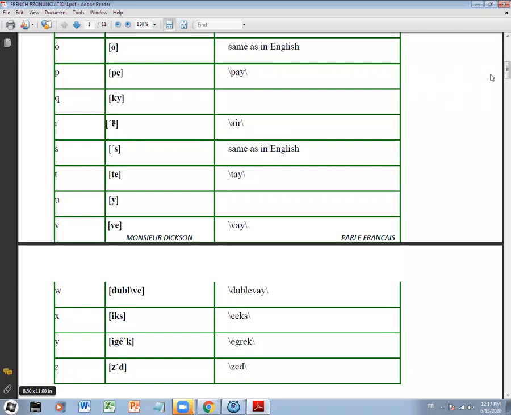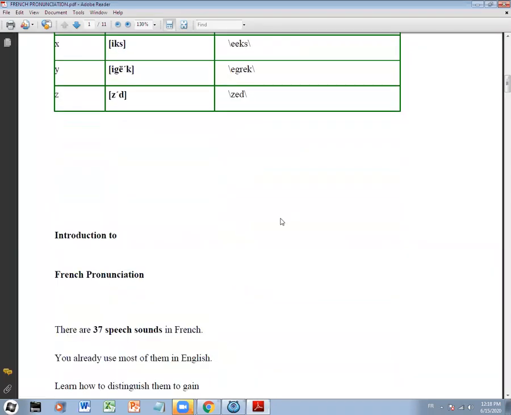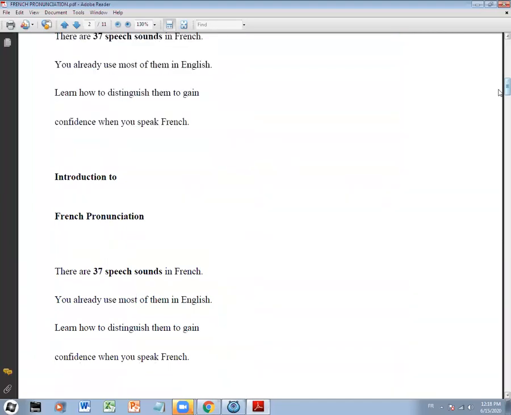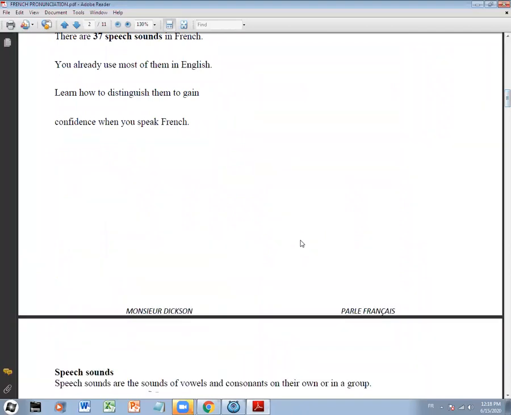Now, remember, I also talked about the French vowels, where I told you that the vowels are the same way as in English, but now remember to add the letter Y, which has the same sound as in English, like letter I. We say E Y. They are the same, so please take note of that.